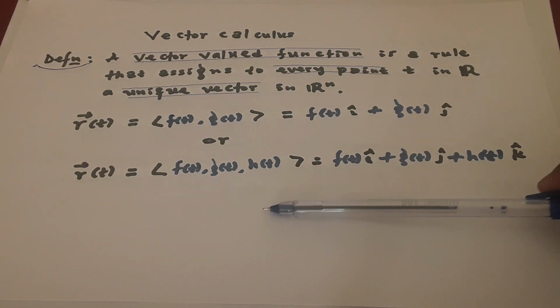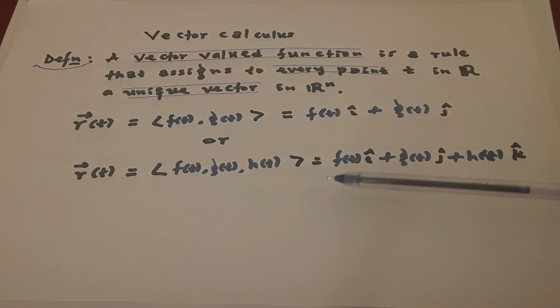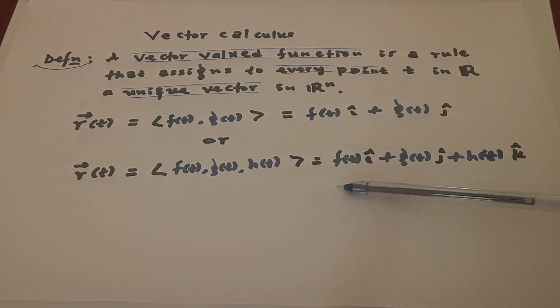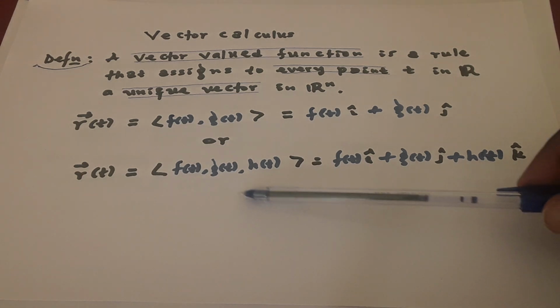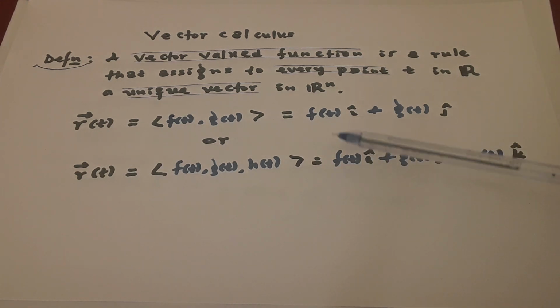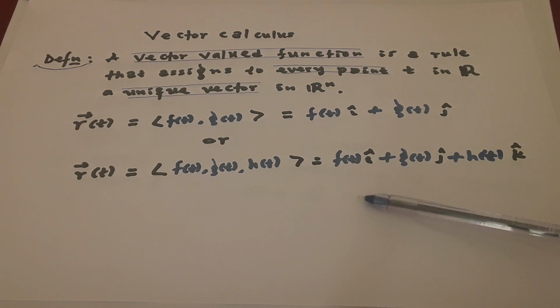You can rewrite it in alternative notations. It might be possible to represent it with the ijk components or with this form. So that is the two-dimensional vector valued function and the three-dimensional vector valued function. It's just a rule that assigns to every point t in the real line a unique vector in Rn.